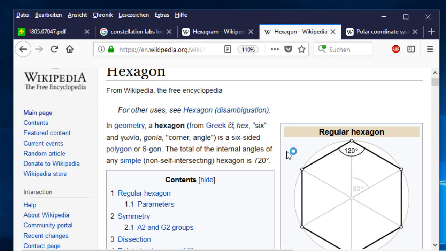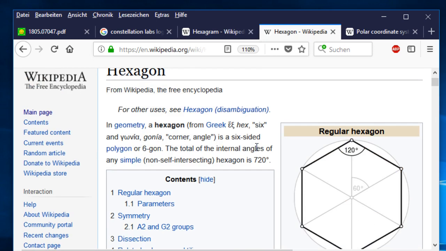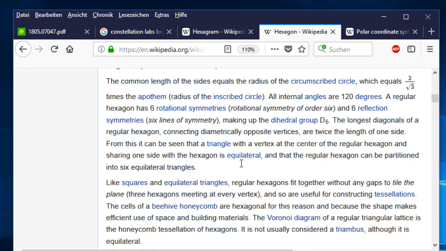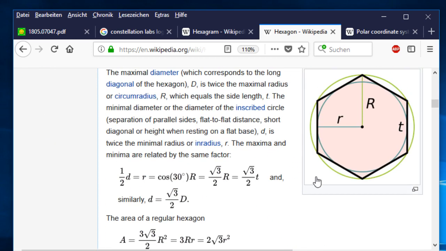Now if we look at the hexagon article and scroll down, there's not only this nice animation where they show you how to create the hexagon with compass and straight edge, but right beneath that I found this drawing, and it has exactly the information that we want. In our logo, we said that from the center to the outer corner there was 1.